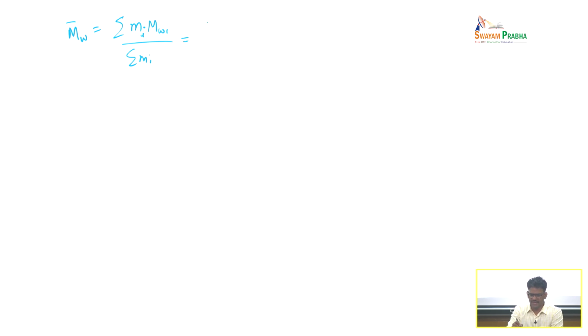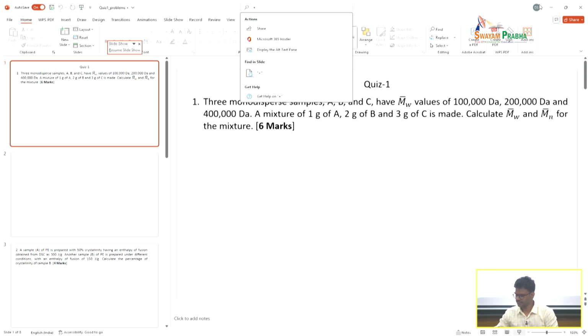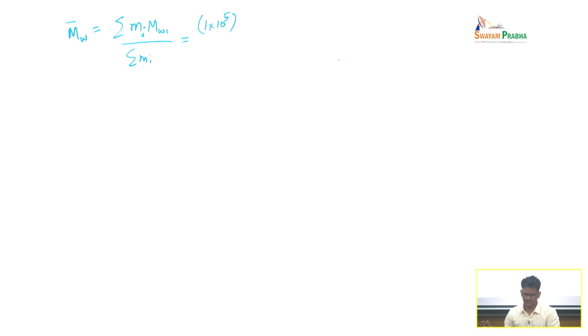So for species A, mass is 1 gram and its molecular weight is 10 power 5. For B, we have 2 grams into 2 into 10 power 5, that is the molecular weight. For species C, we have 3 grams and its molecular weight is 4 into 10 power 5. And this divided by the sum of the masses, that is 1 plus 2 plus 3.